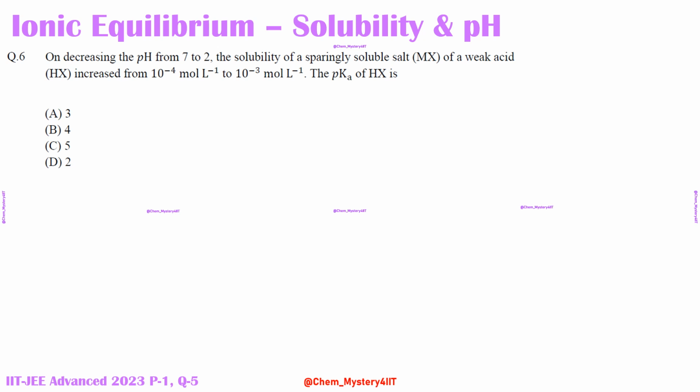We had to find what is the pKa of HX. So we have had a very lengthy discussion, and we concluded that pKa is going to be 4. Although the major part of the discussion of our question was based on solubility and solubility product.